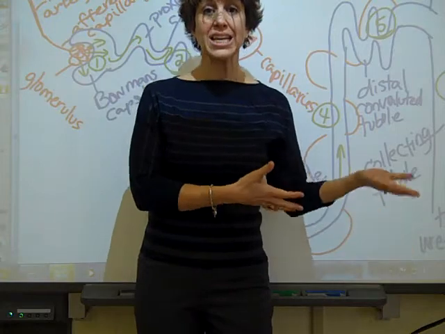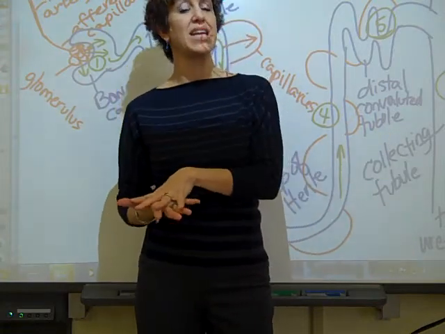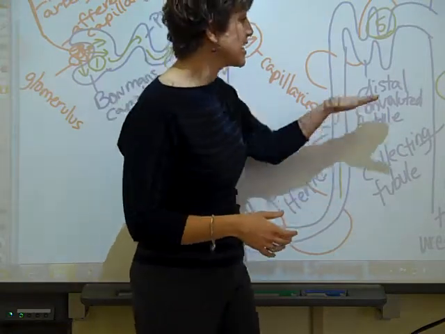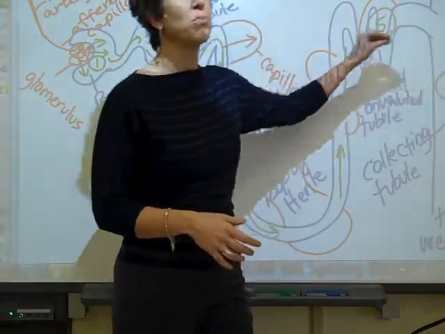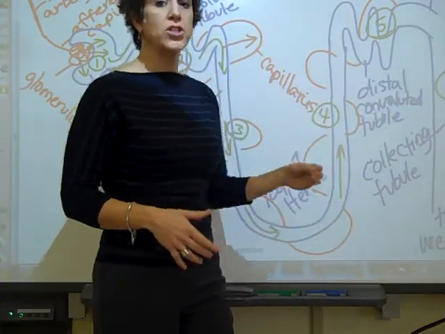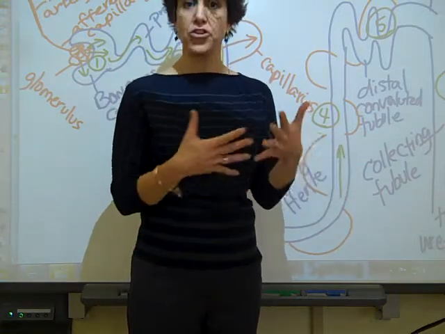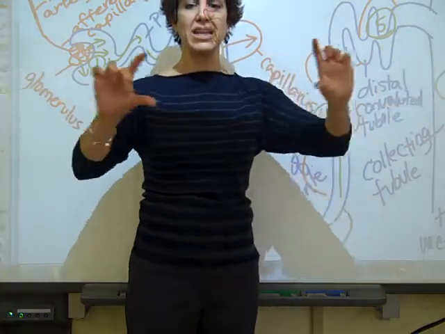A diuretic dehydrates you. An antidiuretic does not allow you to become dehydrated. So what it does is it opens up more pores to let more water be reabsorbed by your body. So again, your body, constantly trying to maintain homeostasis, undergoing feedback mechanisms, will constantly regulate your osmotic level.